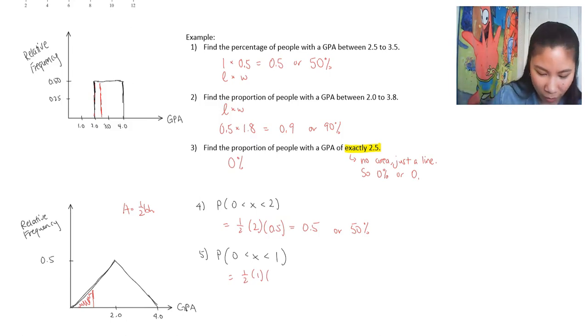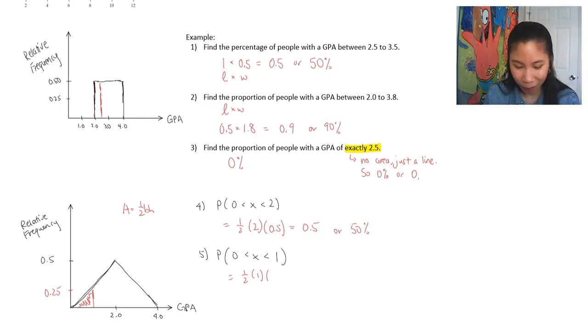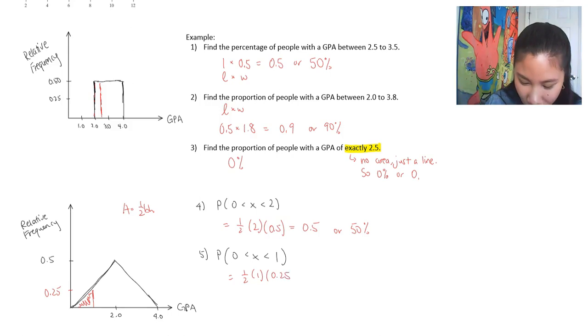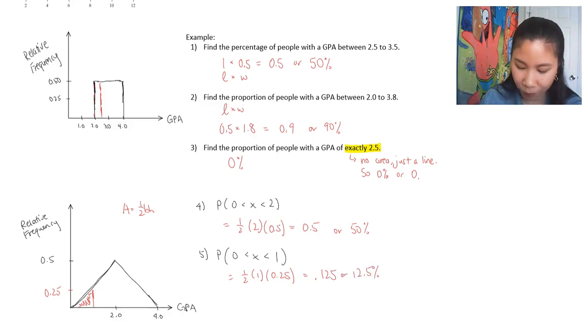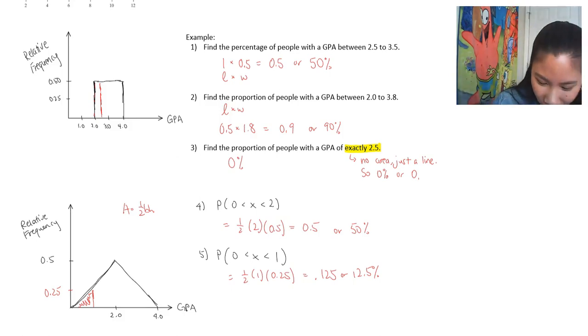Then at 1, this should also be 1/4, or 0.25, in case that wasn't obvious to people. So our height is going to be 0.25. Multiplying that out, I think we get 0.125, or 12.5% of people have a GPA between 0 and 1. Cool. We're hoping that's a low number, because you don't really want a GPA like that. Alright.